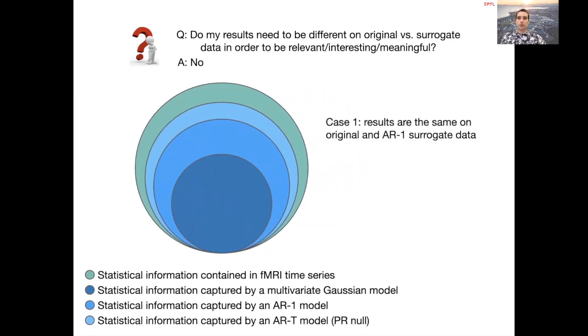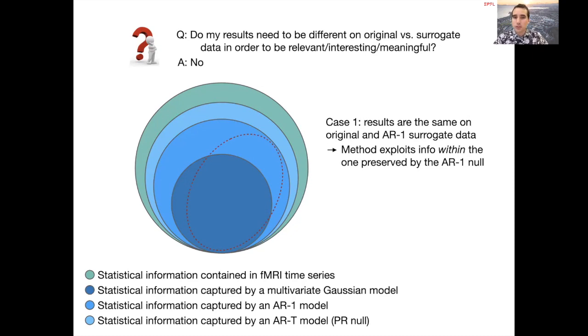Let's consider the case where I have a result, a value of M, that is the same in original and AR1 surrogate data. The result could be, for example, the transition probability between state 1 and state 3. We find that this is the same in original and AR1 surrogate data.